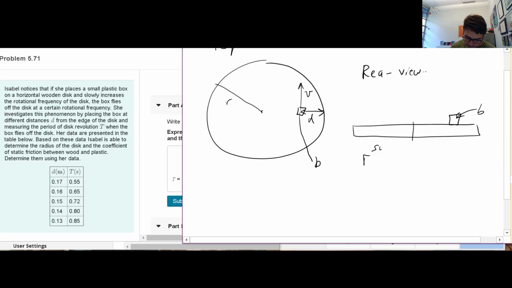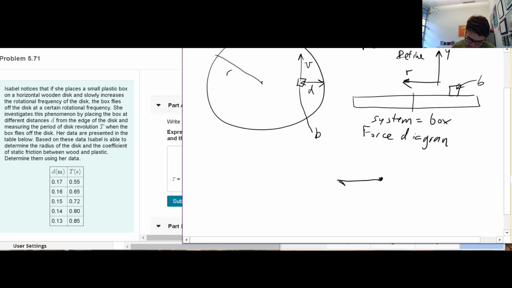So system is the box, force diagram. In this case, we'll define r to be towards the inside of the circle and y to be up. So what you've got is the static friction force of the disc on the box.